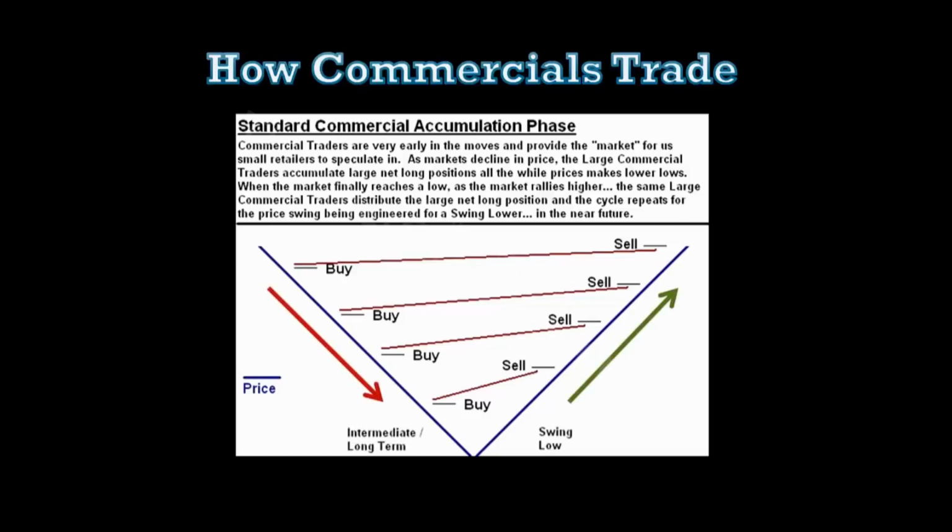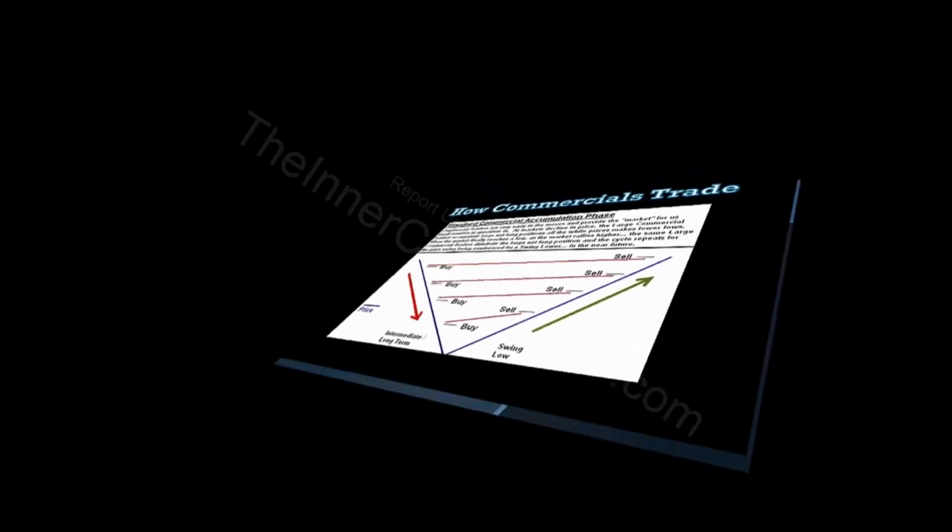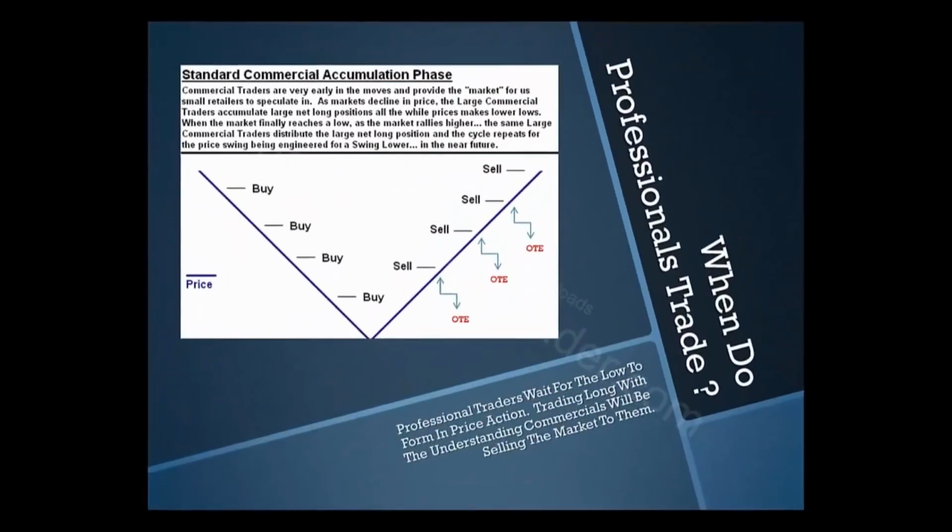So an intermediate term price swing looks like this overall. Now, during the accumulation phase, obviously everything that we're showing here for a market low to be forming, reverse everything here that's graphically being depicted for a top to form, or an intermediate term or long-term high.